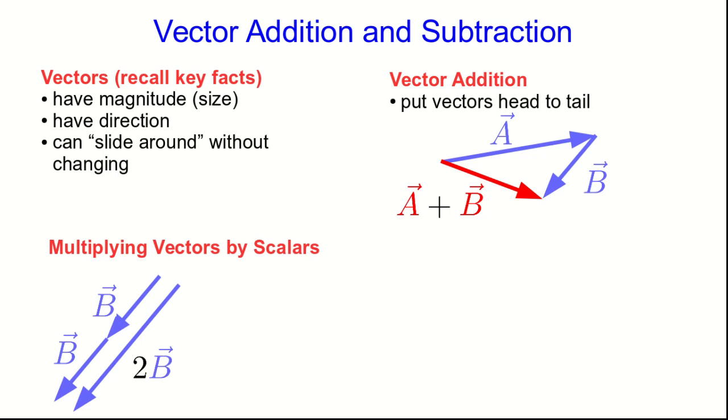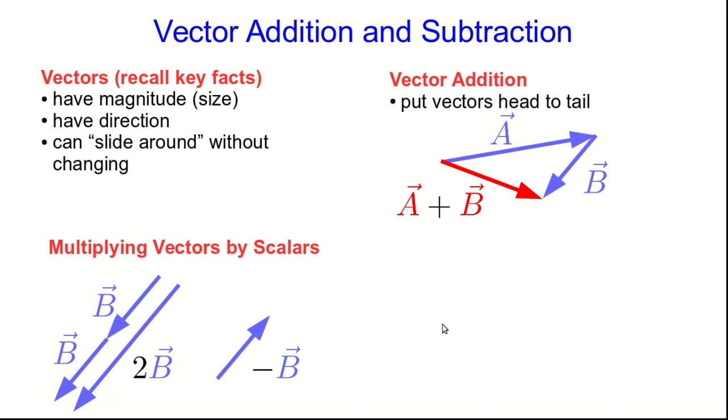Then we get 2b. But that's just the same as multiplying the vector b by the scalar 2. And so we see all that happens when we multiply a vector by a scalar is that we change its length. We rescale it. If you multiply it by a negative number, it flips it end to end.